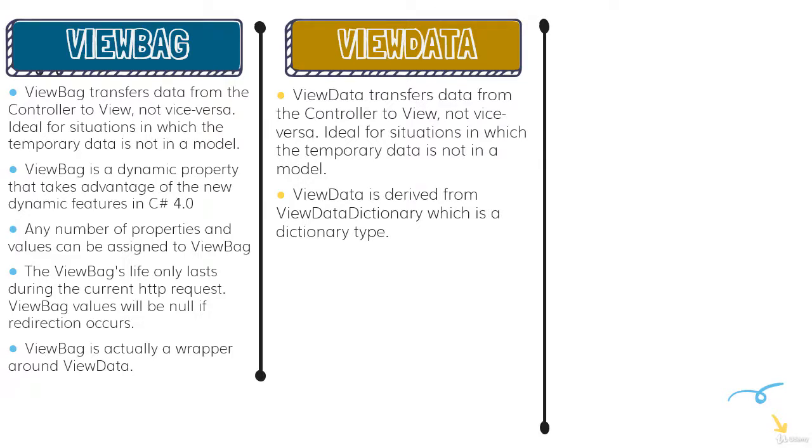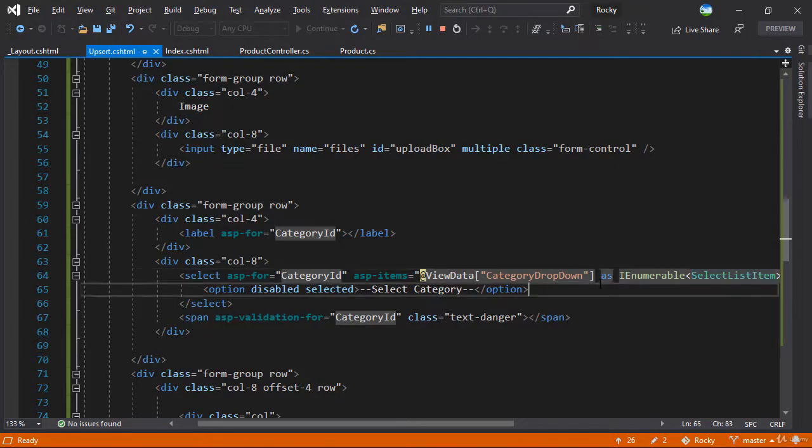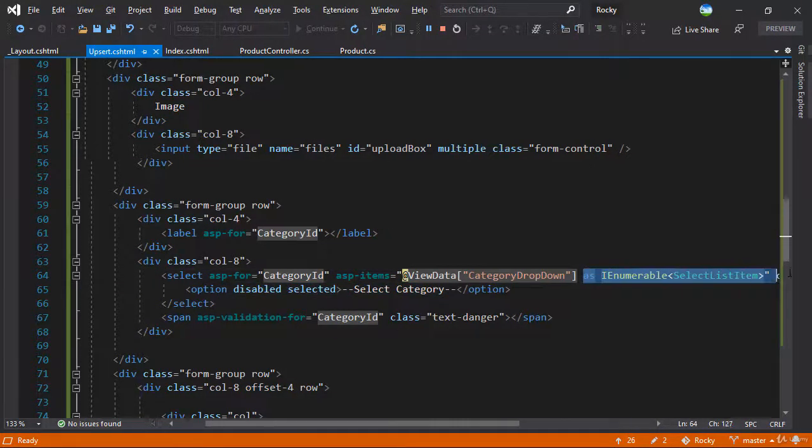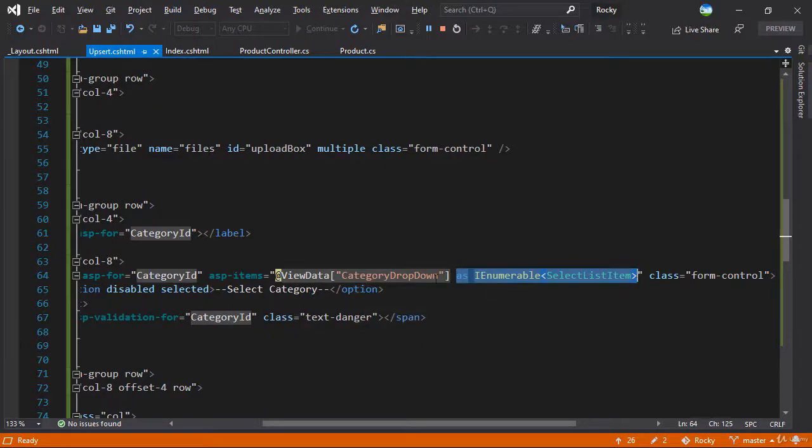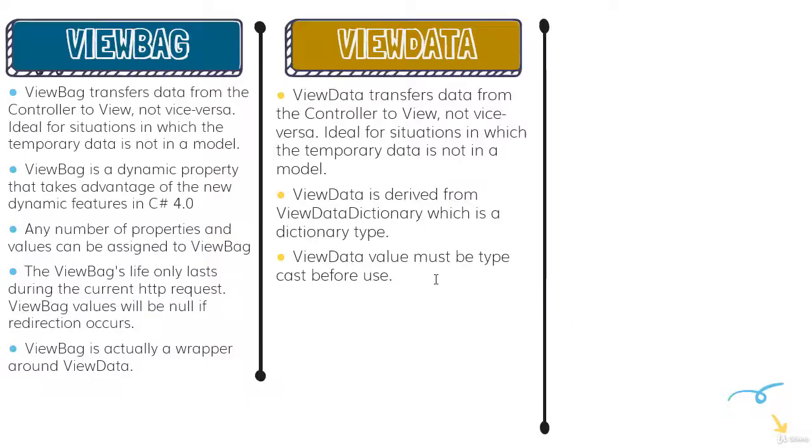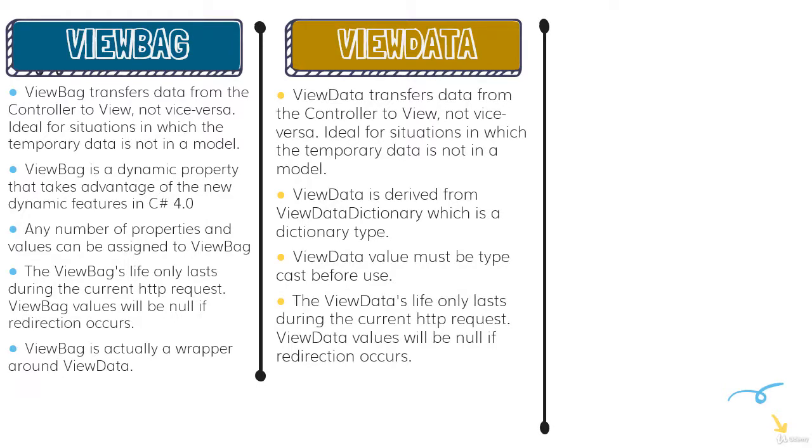Another thing that is different with ViewData is values must be typecasted before use. If you go back to the application, right here before we use it, we had to convert that to an IEnumerable of select list item. So that was different. Then the ViewData's life only lasts during the current HTTP request, like the ViewBag.